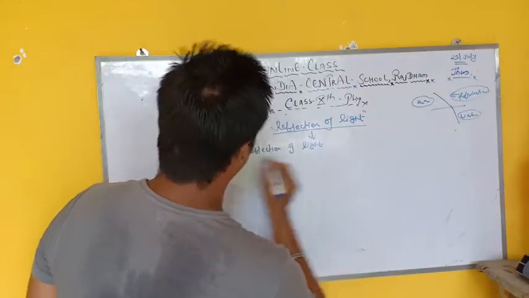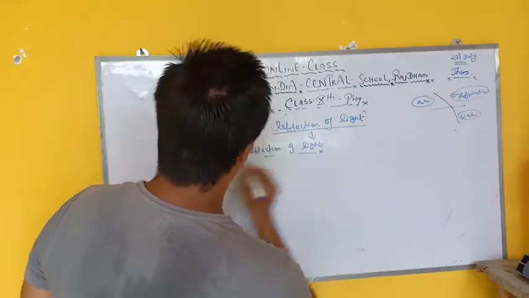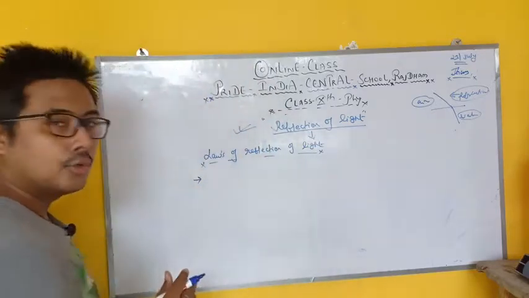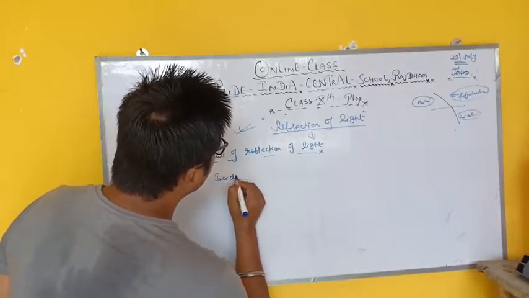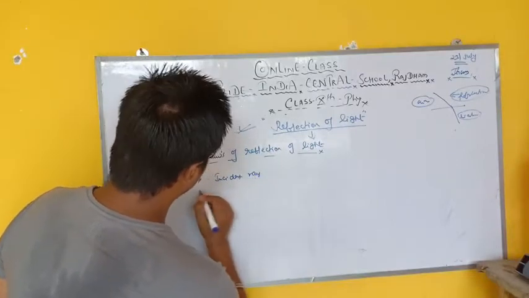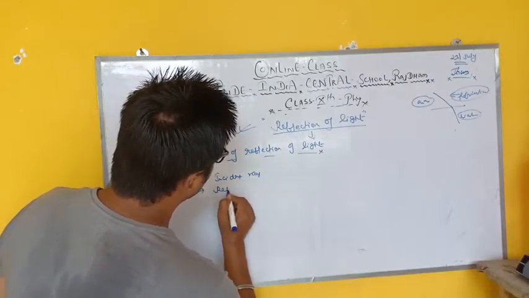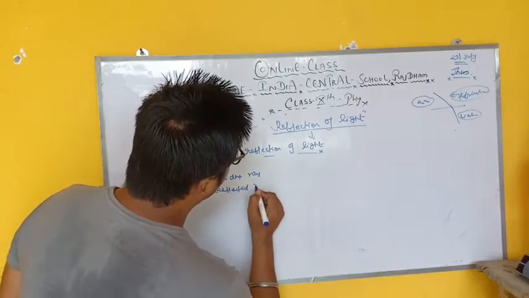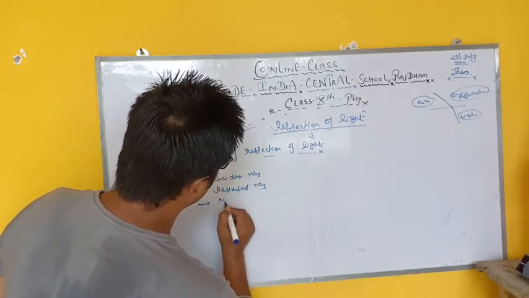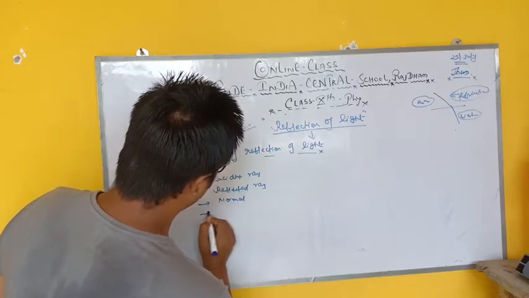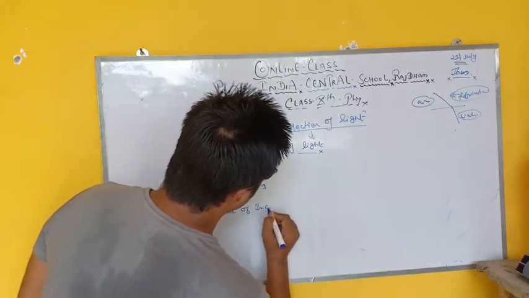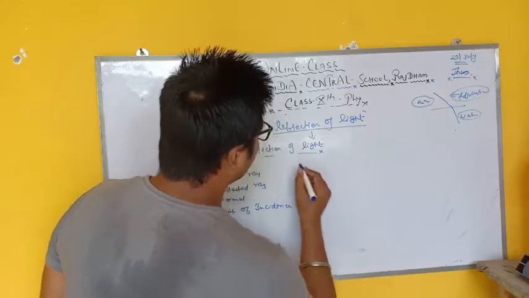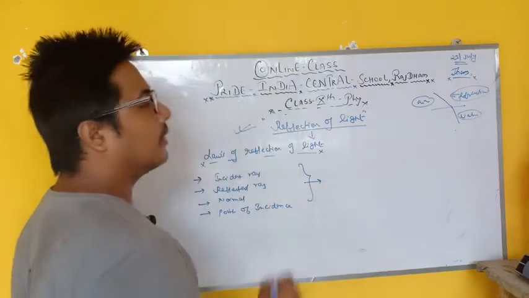Before studying the laws of reflection of light, we need to know some of the basic things, such as the incident ray, the reflected ray, the normal, the point of incidence. All this I will explain to you with the help of a diagram.